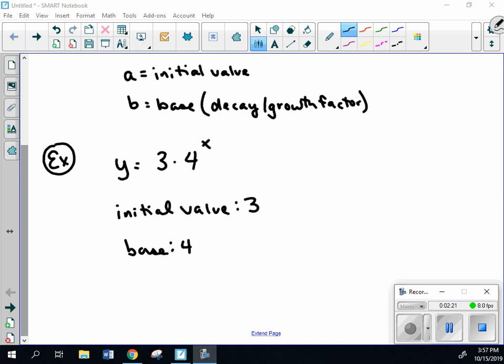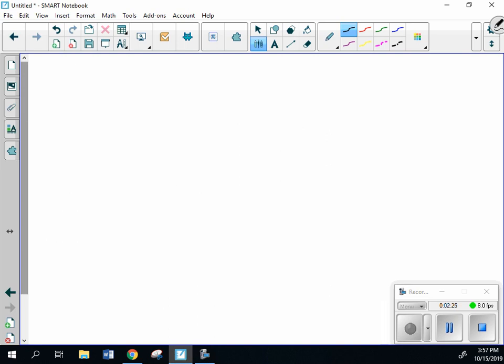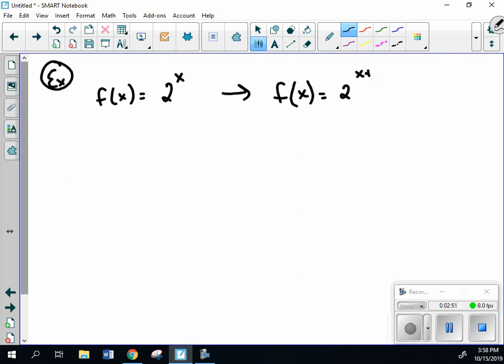Looking at our transformations of different functions, we've been doing this now with several different types of functions, whether it was a linear function, quadratic function, etc. Talking about what happens when this changes our function. So if I were to have f of x equals, let's say my parent function is 2 to the power of x, what happens if the x is changed to x plus 3?